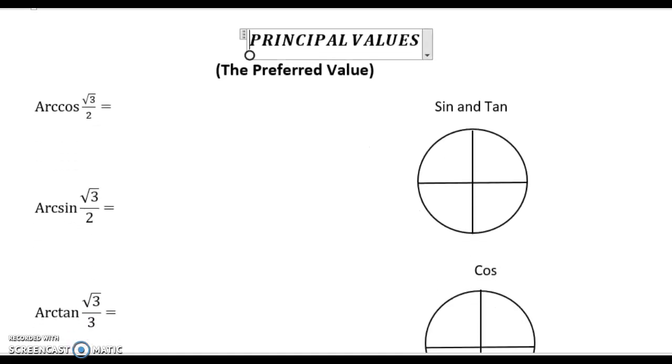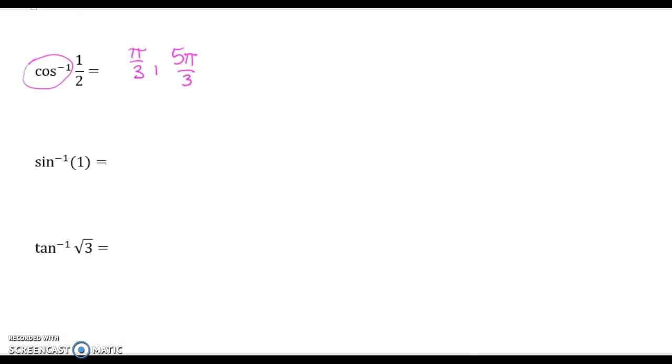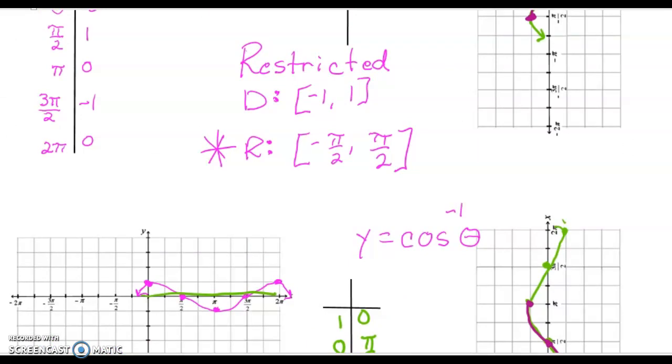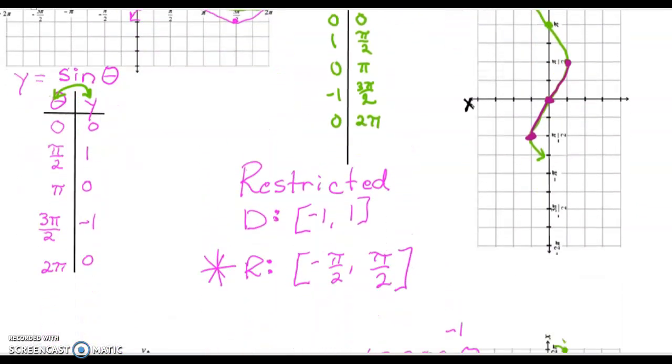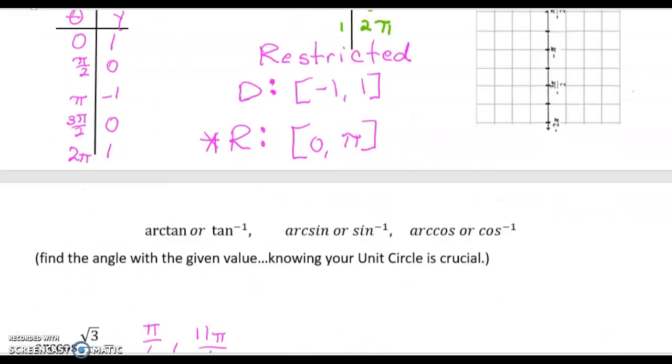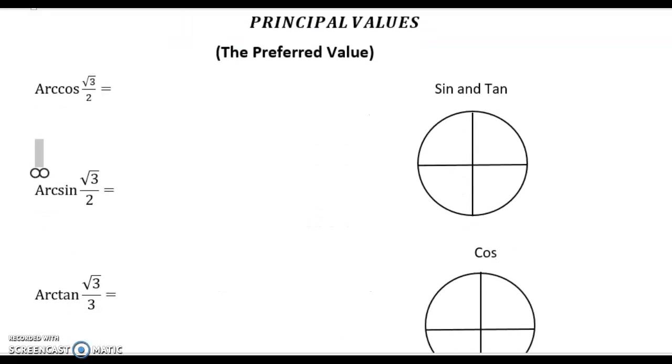The principal value is a preferred value, or the value where our restricted domain, remember I told you we were going to use the restricted domain for inverse sine, was from negative pi over 2 to positive pi over 2.